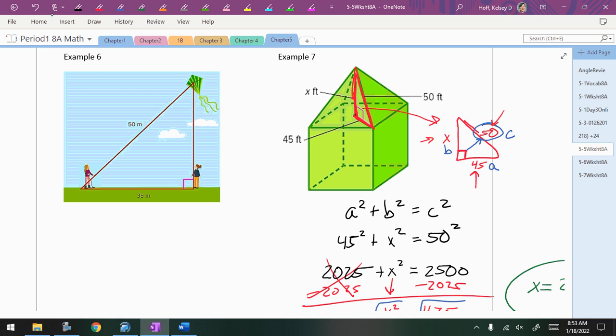Identify your A, B, and C, and then fill it in.